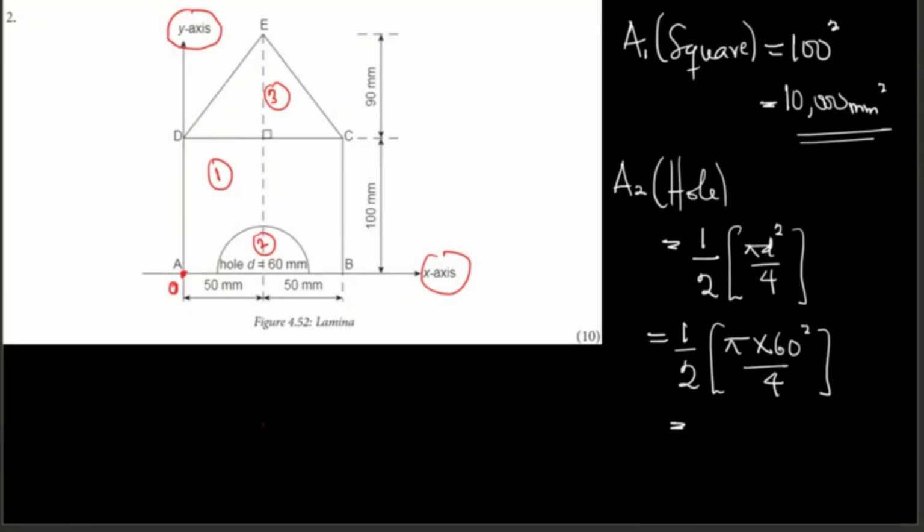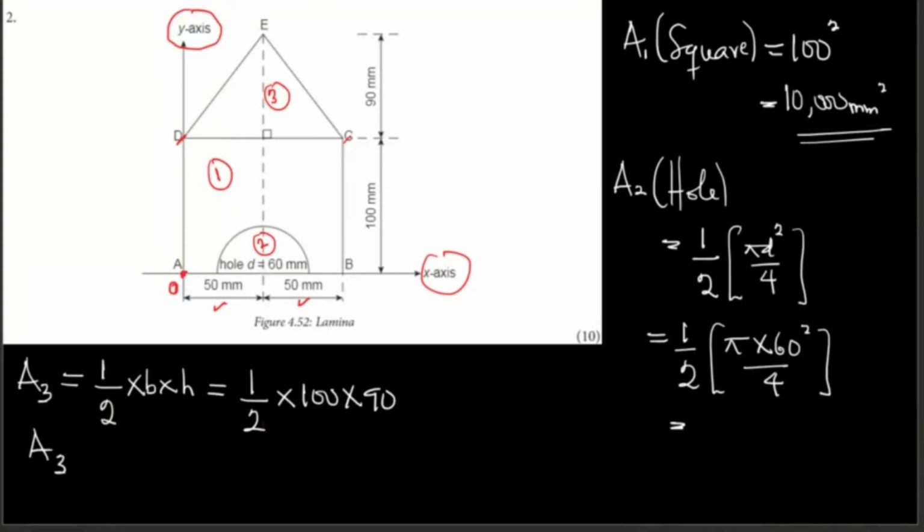Then I'm going to calculate my A3. The area of the triangle is half base times height. My base distance is 100. This distance DC is 50 here and 50 here, which gives me 100. Then multiply by my height, 90.